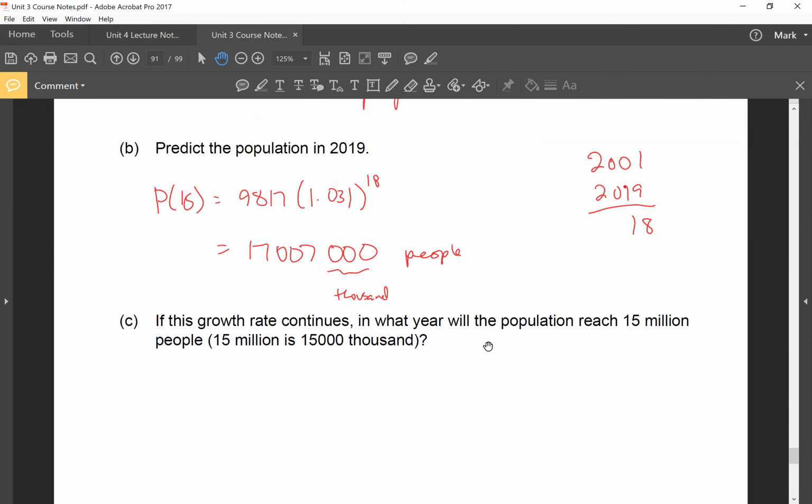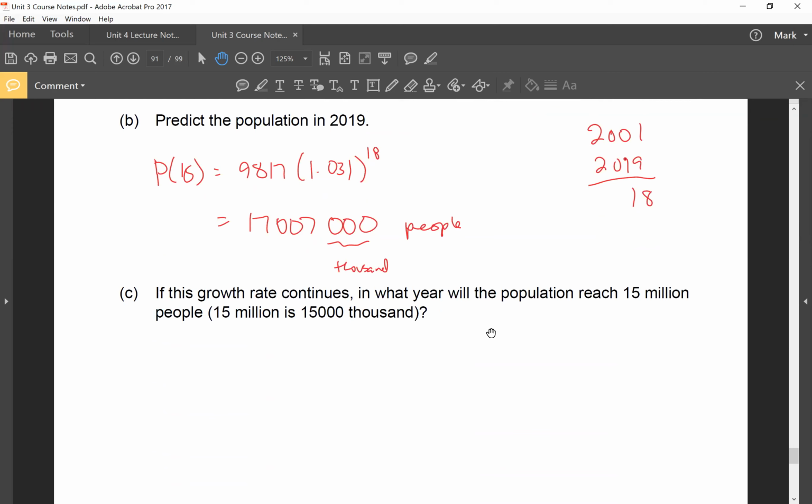Okay, question C. C is the big one. If the growth rate continues, in what year will the population reach 15 million people? Now, 15 million. Okay, if you were writing 15 million, the number would look like this. Now, we're measuring this in thousands, so we can get rid of the 3 zeros.